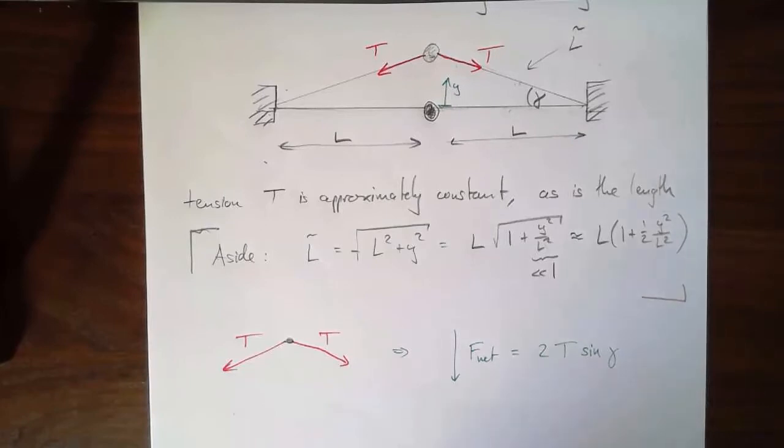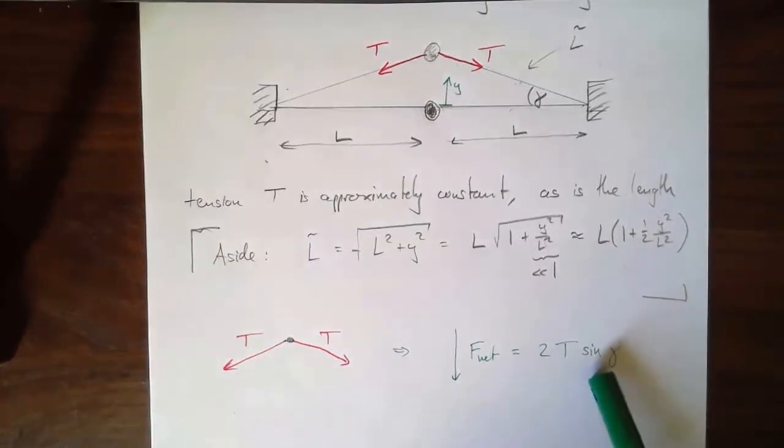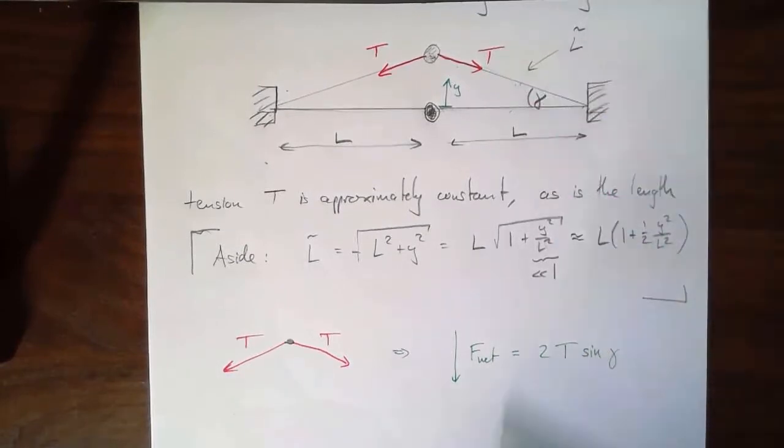Now, one thing I could do right here is make a small angle approximation in the same way we did for the pendulum. That'd be one way to tackle this. I say 2T times gamma in radians, and I track everything in terms of gamma.